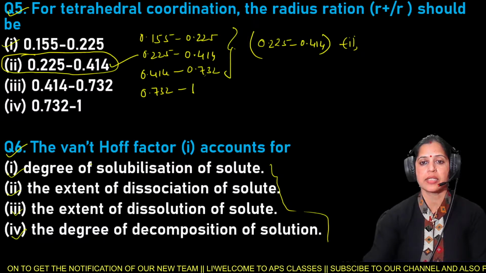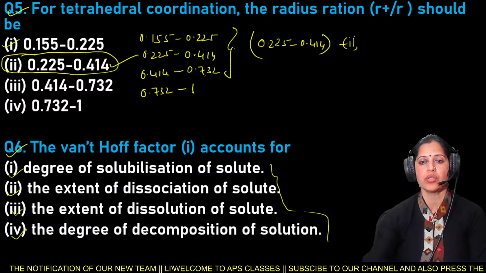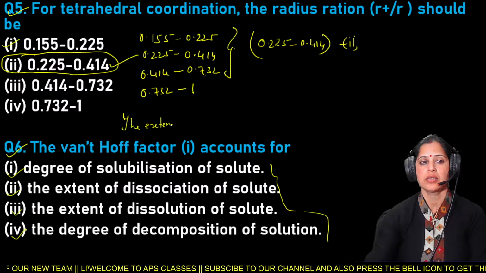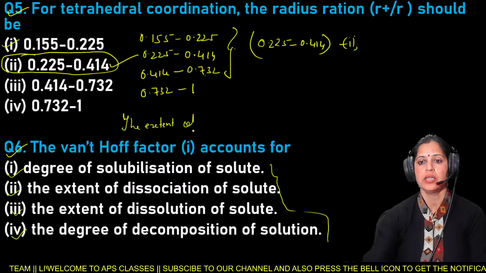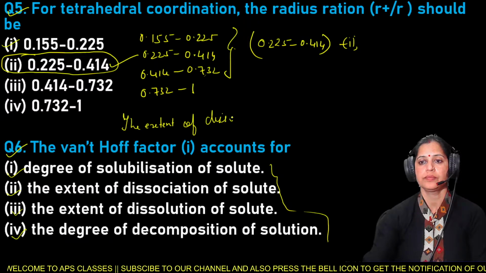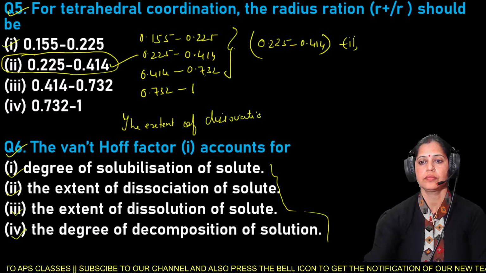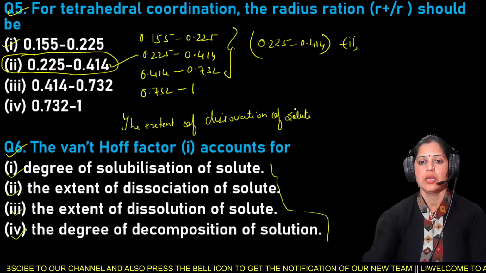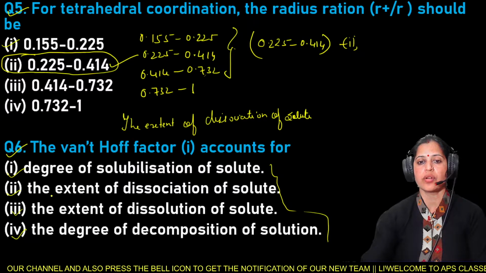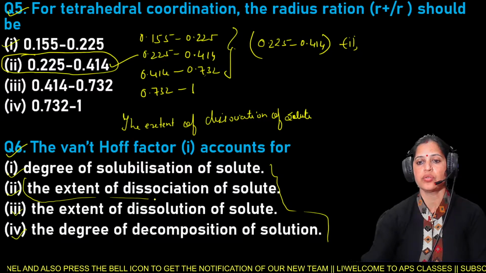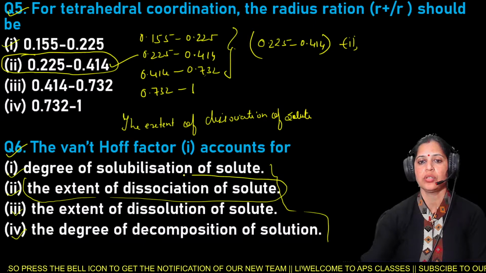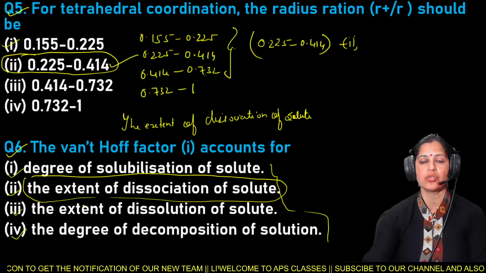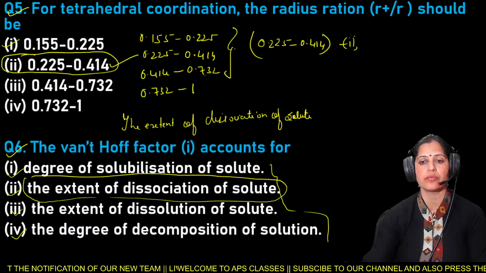So here, the van't Hoff factor accounts for the extent of dissociation of solute, not the degree of solubilization of solute, not the extent of dissolution of solute, and not the degree of decomposition of the solution.